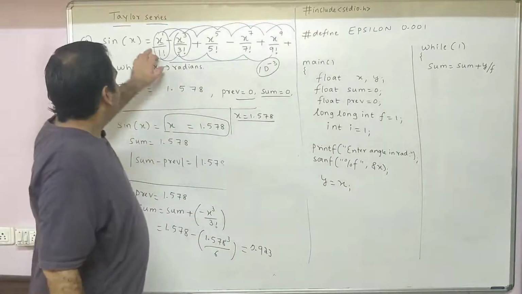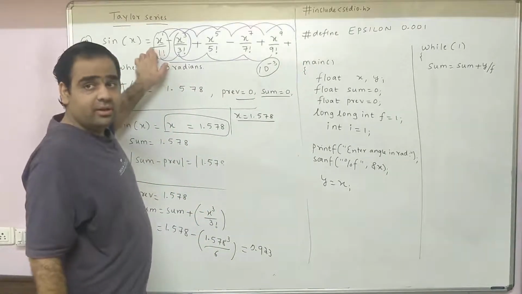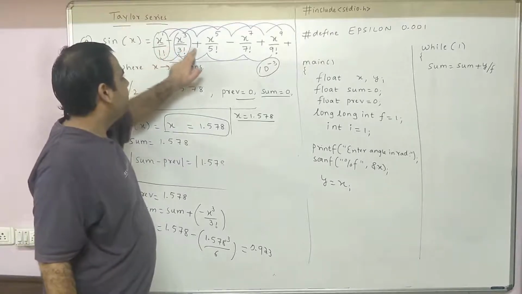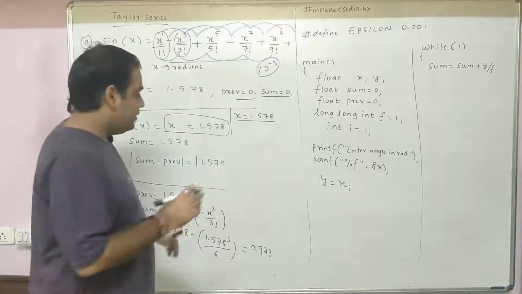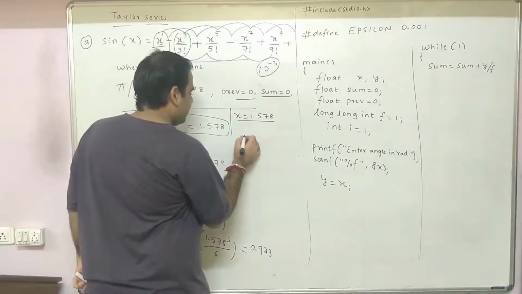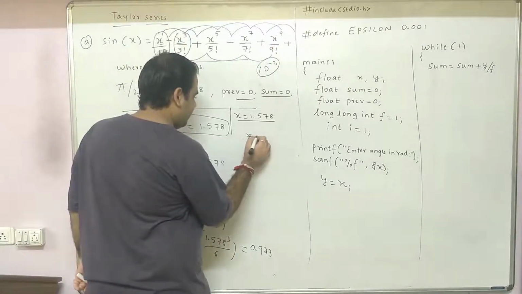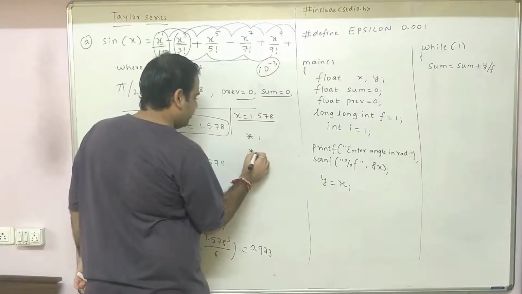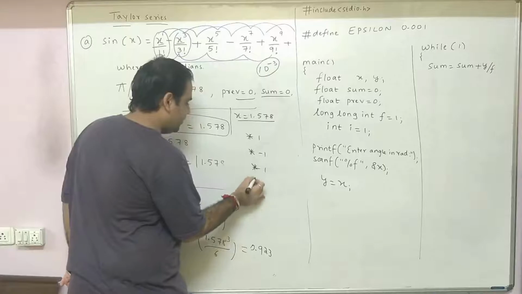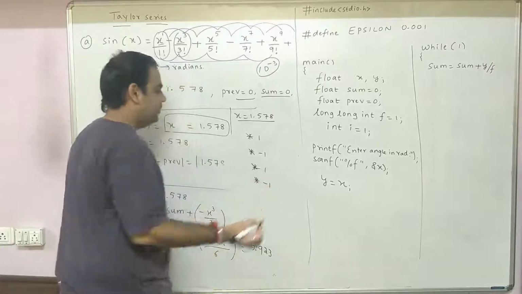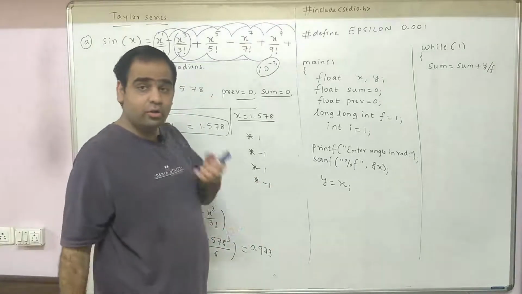Now, it is alternating plus and minus sign. It is plus, minus, plus, minus, plus, minus, plus, minus. That means, if the first term I multiply by 1, the second term I should multiply by minus 1, the third term by 1, the fourth term by minus 1, and so on.